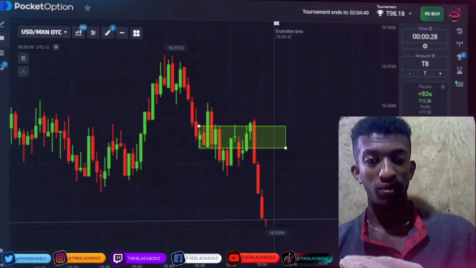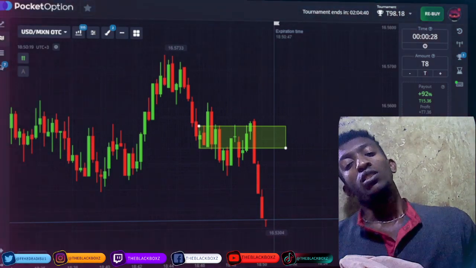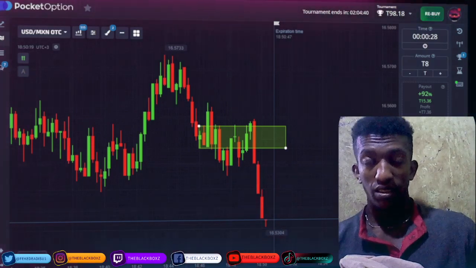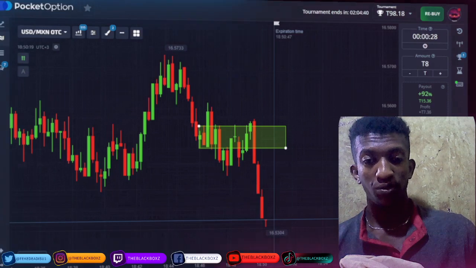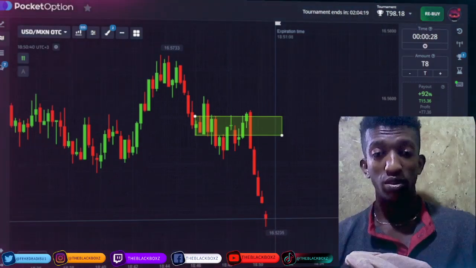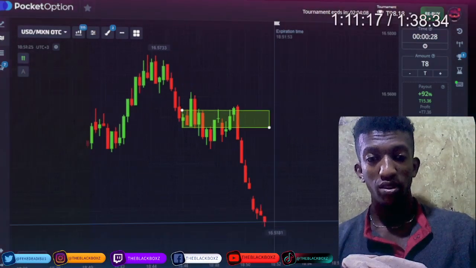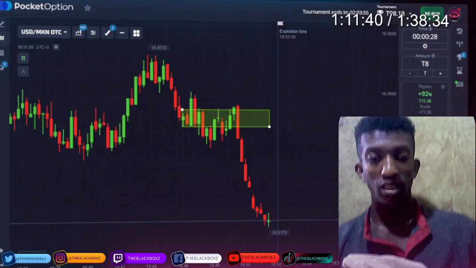The fourth model. Okay, let us pump it, let us move on. The hell is going on? Skip this, it moved like crazy, it moved down like crazy.